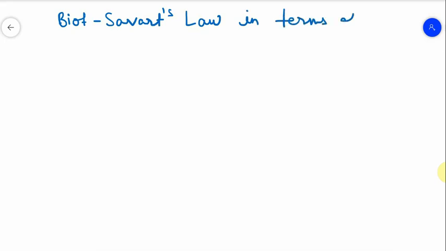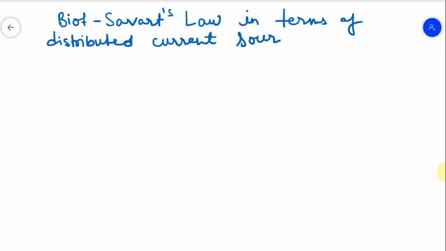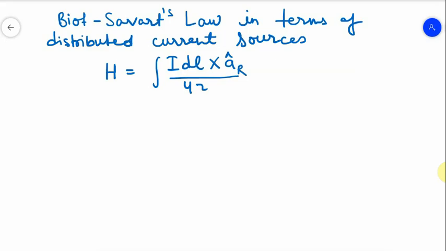Now if we want to represent Biot-Savart's law in terms of the distributed current sources, Biot-Savart's law can be represented as H equals, first of all, this we have seen, I dl cross aR upon 4 pi R square.